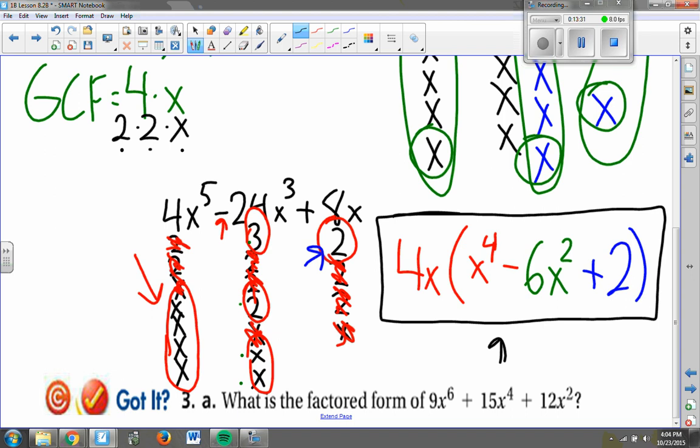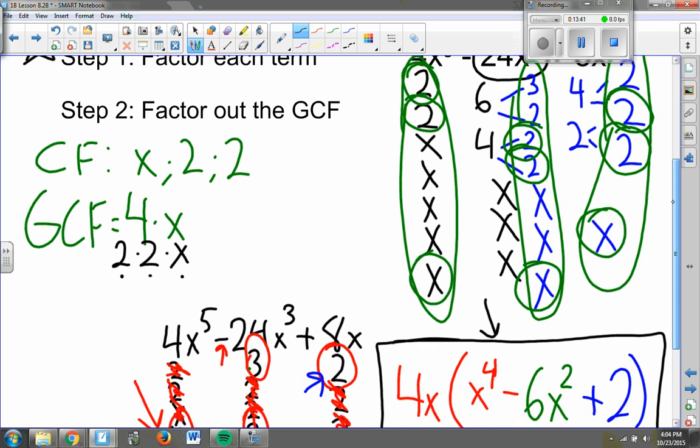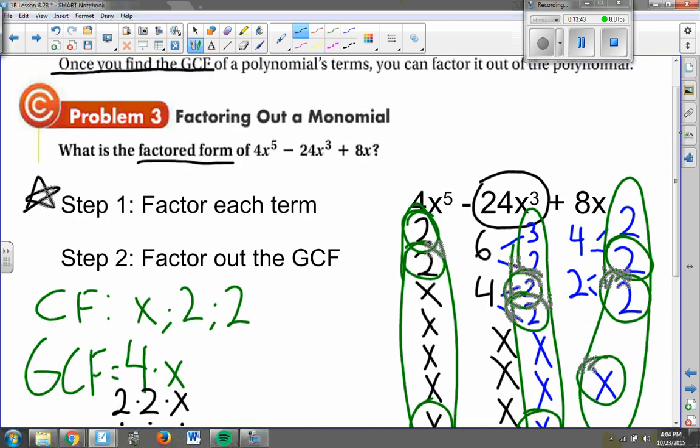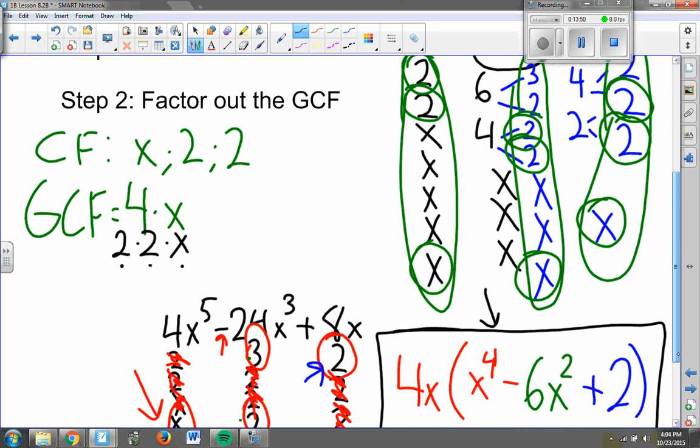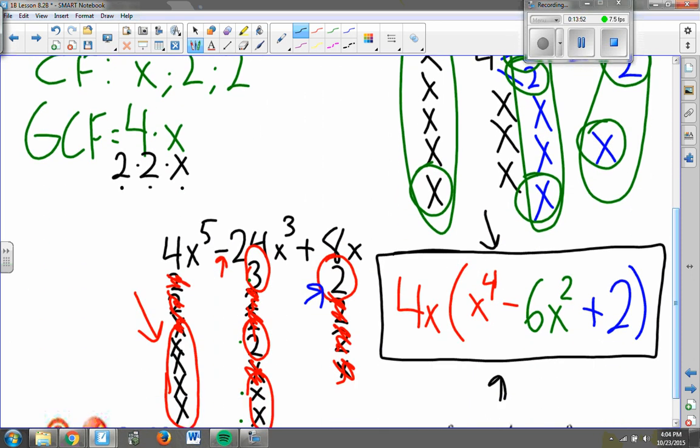I would like you to do it in your notes and show me tomorrow that doing the distributive property with this function gets me right back up to this function. So double check that. When we do the distributive property of our factored form down here, we get back to our original equation, 4x to the 5th minus 24x to the 3rd plus 8x.